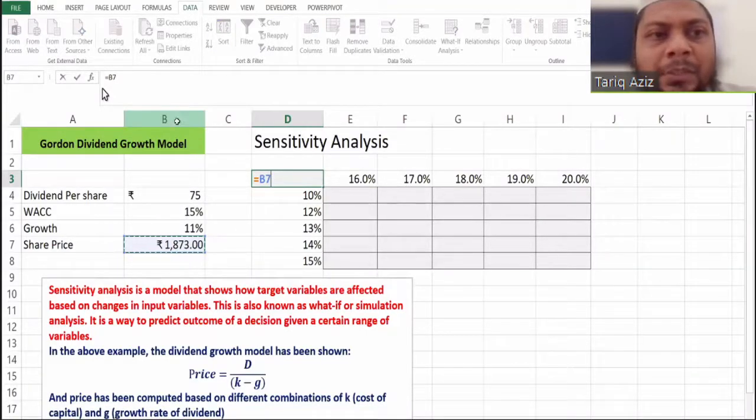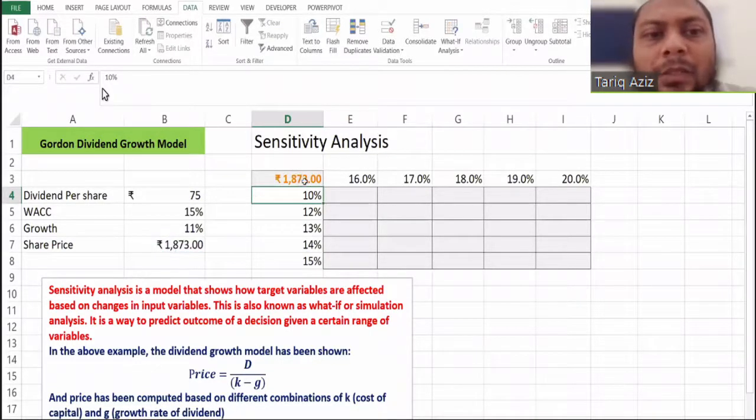It is situated in cell B7, so I am just providing a reference of this cell B7 here at the corner. The same figure has been copied here also: 1873 rupees per share.